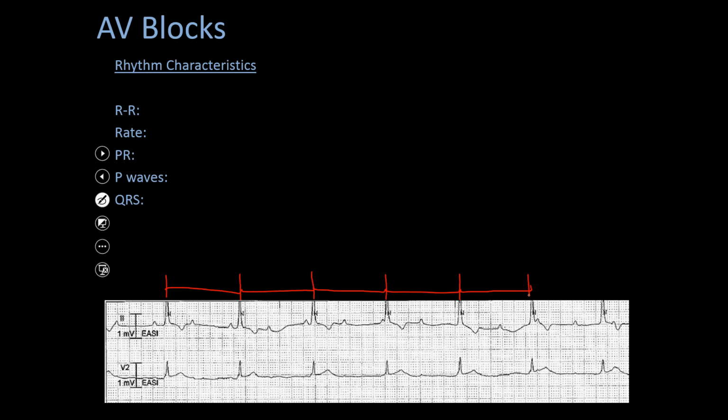Now, is this second degree AV block type 2? Well, second degree AV block type 2 has a consistent PR. Let's look at these PRs here. Look at that one, compare it to this one, compare it to that one. It's definitely not consistent PRs.